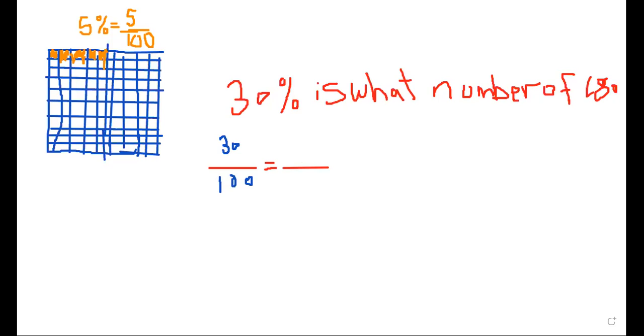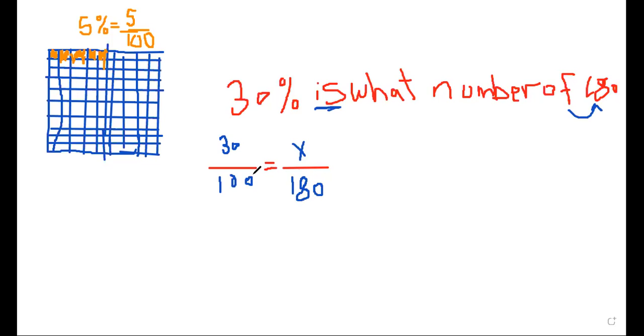And with the second part, it is what number? Do you know the part? No. So for this reason we put x over 100. After the word "of", we have 180. So this represents the total.